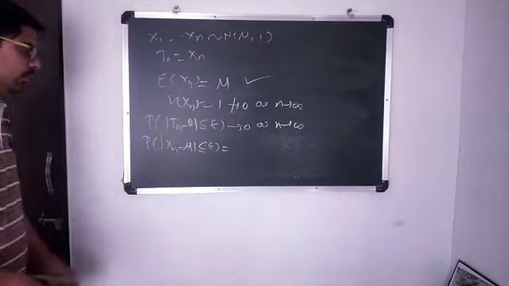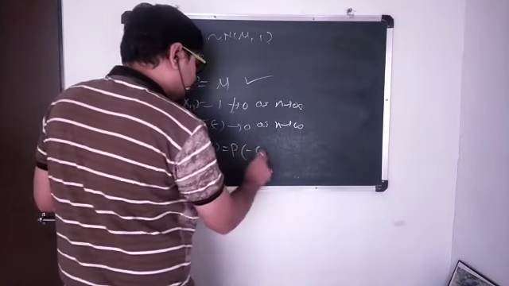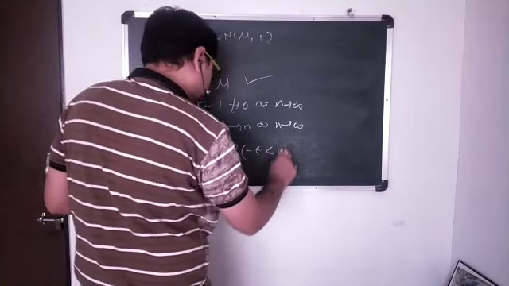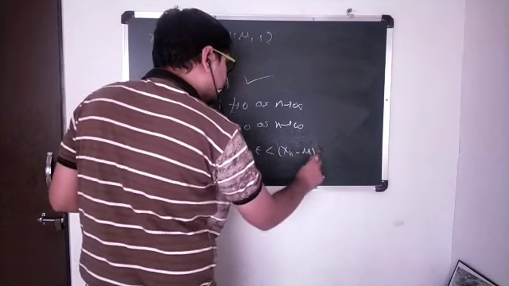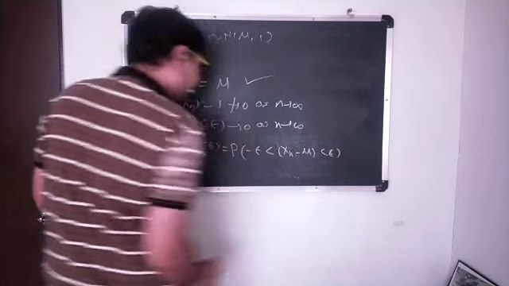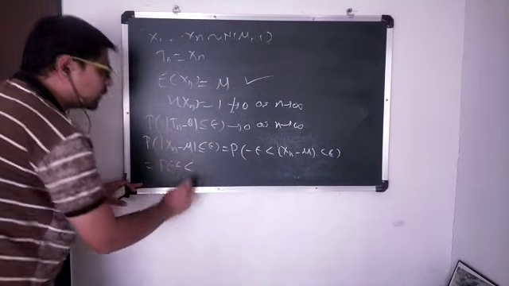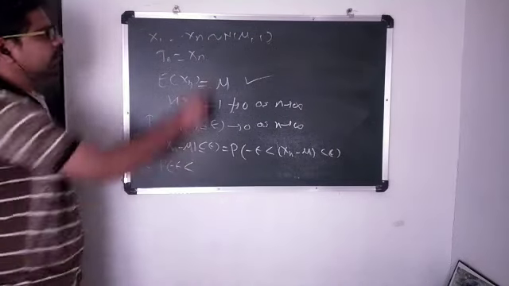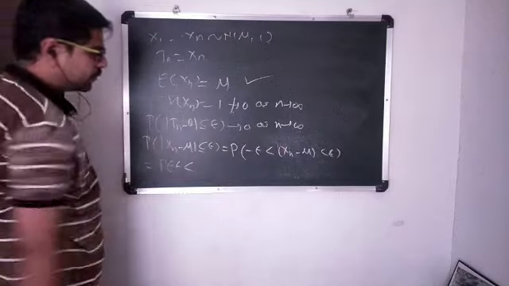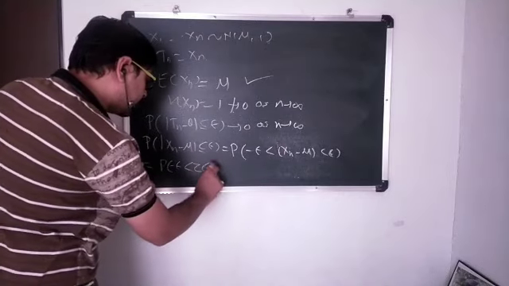Consider this probability. Xn minus mu lies between minus epsilon and plus epsilon. Since we have subtracted its mean and divided by 1, it is standard normal, so the probability is that of a standard normal lying between minus epsilon and epsilon.